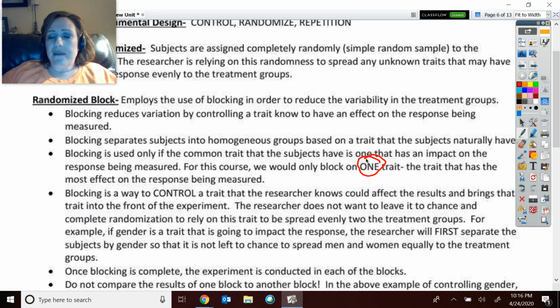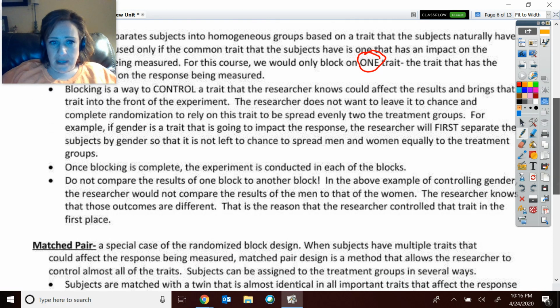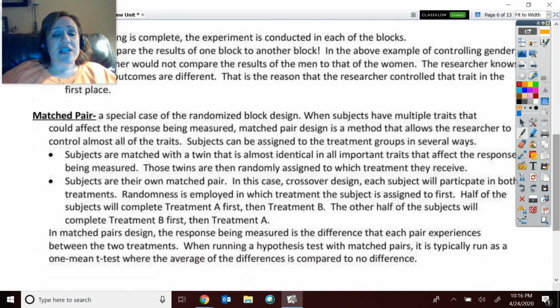Now, if there are many traits, a special case of blocking is matched pair, and that's happening when there are multiple traits that you need to control.